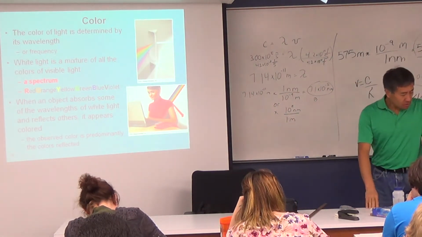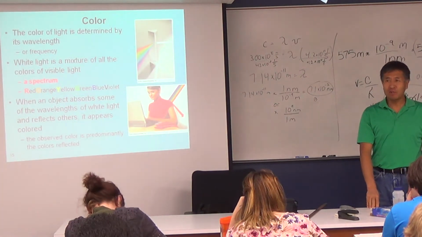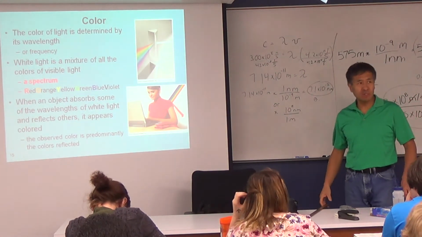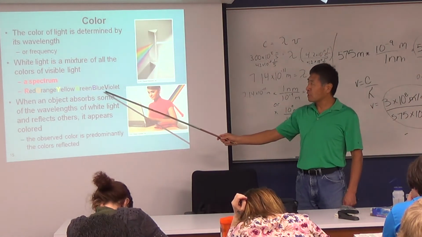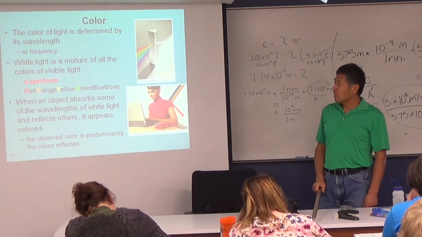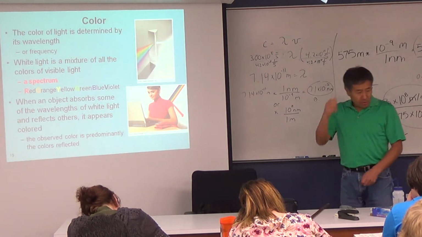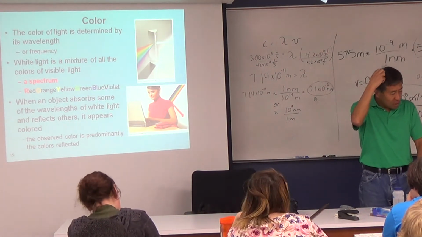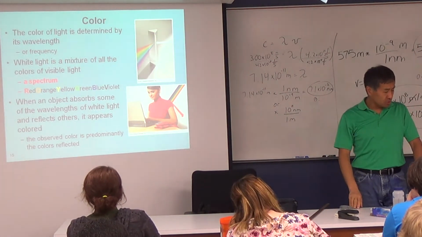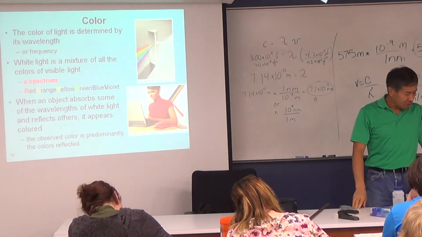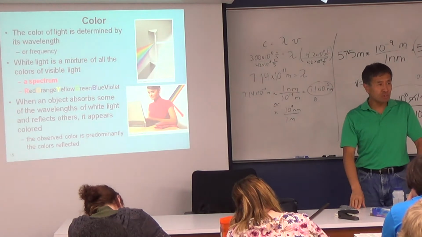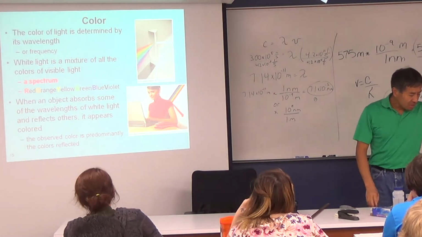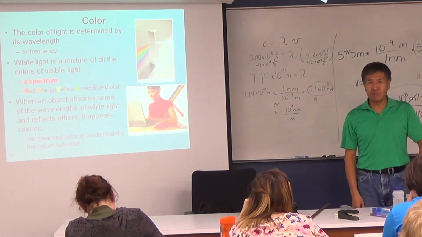And usually the visible light has the rainbow spectrum: red, orange, yellow, green, blue, and violet. For an object to appear to have some of those visible light colors, it means it absorbs some of those frequencies or wavelengths and reflects the others.